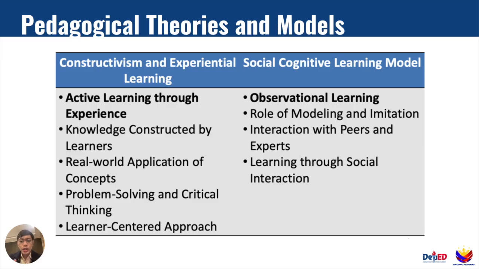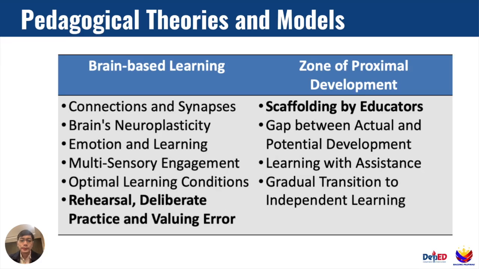Meanwhile, the social cognitive model highlights that learning also occurs through observation and interaction, making discussion, demonstration, collaboration, and guided practice essential in the science classroom.